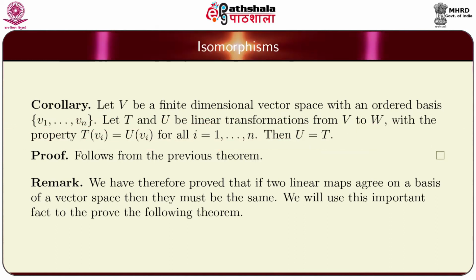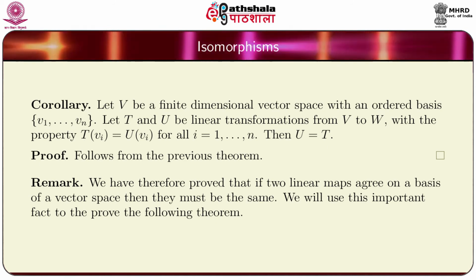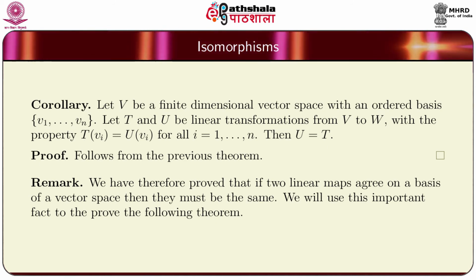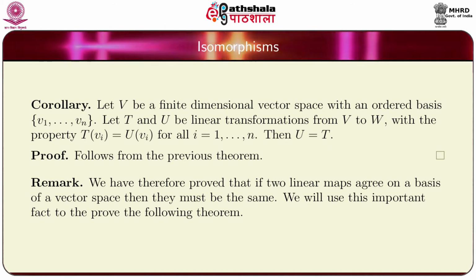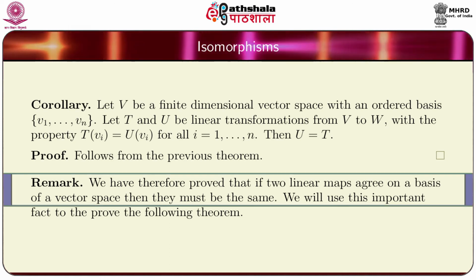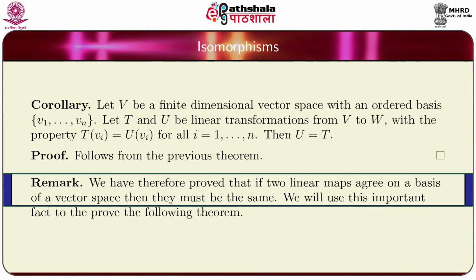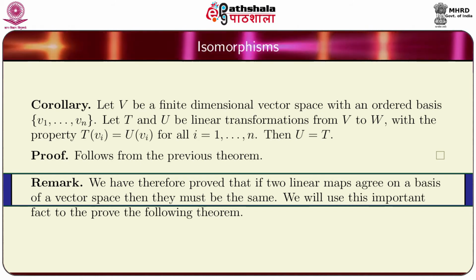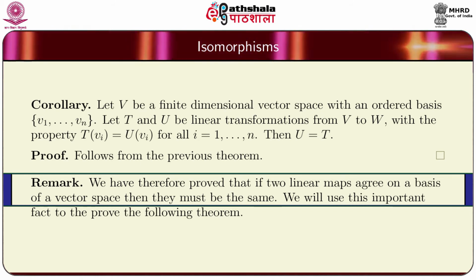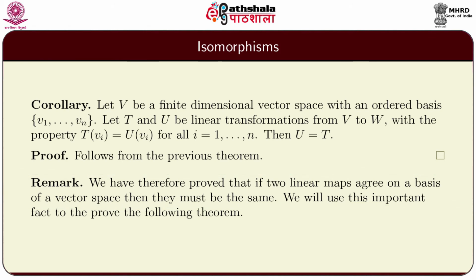Then U is equal to T. Well, this is what we have proved, and what it says is that if two linear maps agree on a basis of a vector space, then they must be the same. We will use this important fact to prove some theorems on the invertibility of a linear map.